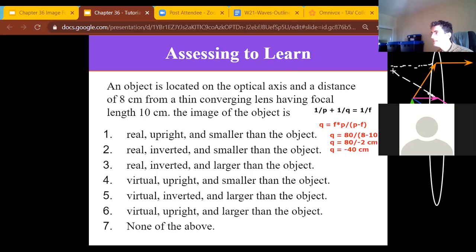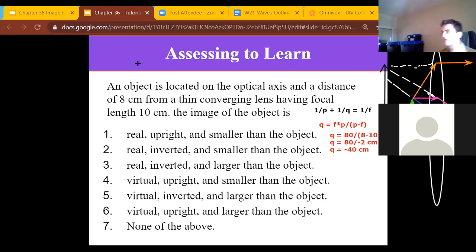And if you trace that back, the lines do meet on the virtual side. They meet like over here, and where they meet is where the image is located.